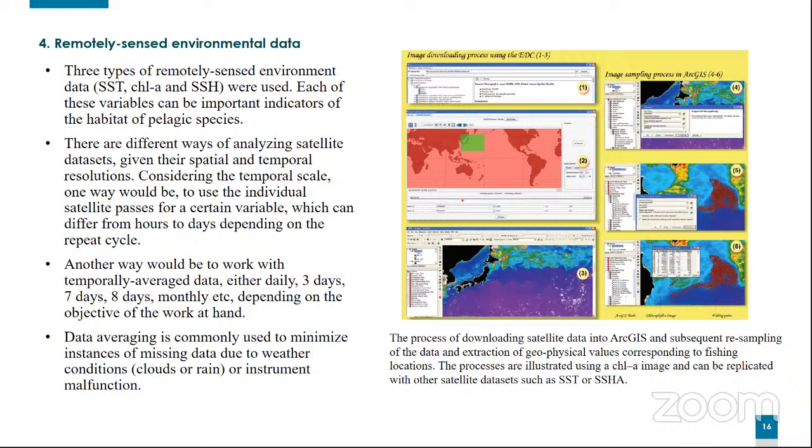Okay, so data averaging is commonly used to minimize instances of missing data due to weather conditions seperti clouds or rain or instrument malfunctions. Kalau kita guna data harian, kadang-kadang ada data yang tak ada. Usually kalau yang warna putih tu menunjukkan no data available. So usually kalau kita guna data yang average 3 hari atau 7 hari, 8 hari, okay, data tu akan penuh lah.